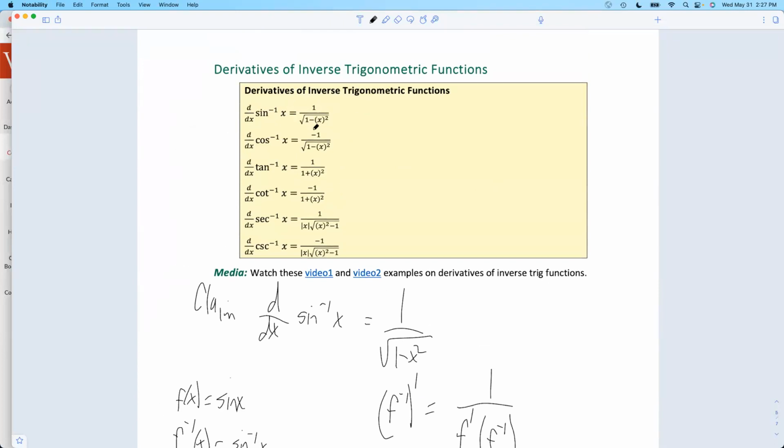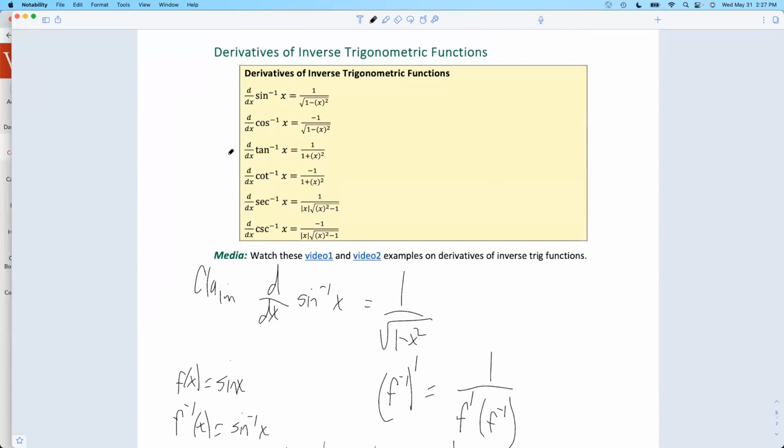All these other ones are very similar in derivation to that. I'm not going to go through all of them. This one we're going to use a lot. This is one of the most popular inverse function derivatives. This one you just want to memorize: the derivative of arctangent of x is 1 over 1 plus x squared.